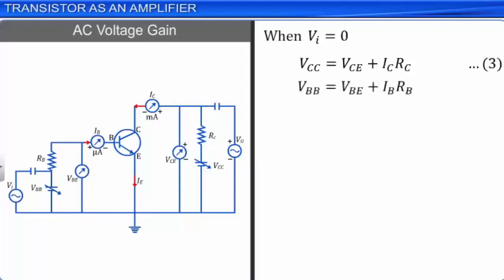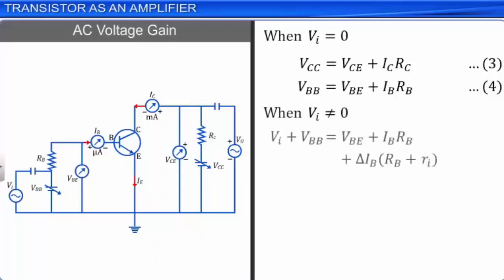When the input AC voltage Vi is not 0, we get the sum of Vi and VBB as VBE plus IB into RB plus delta IB into RB plus Ri. Let this be equation 5, where Ri in equation 5 is the internal resistance of the input circuit, which is equal to delta VBE by delta IB.